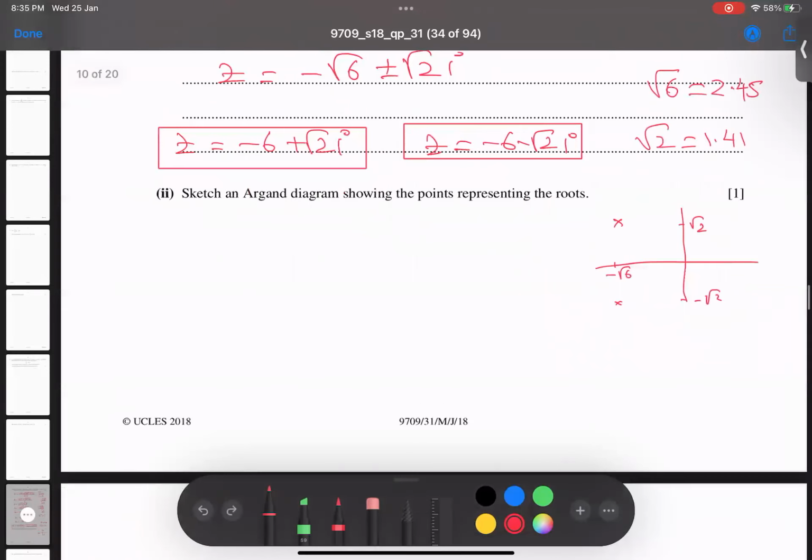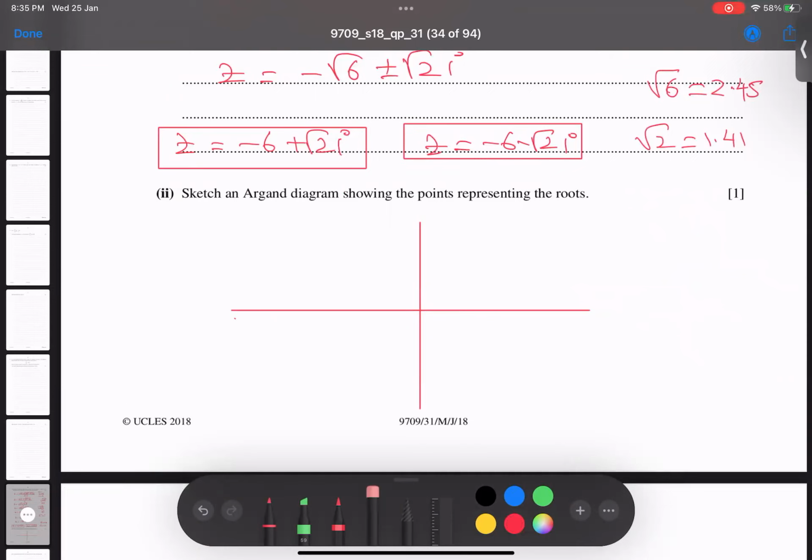Now I can do it completely, and I'm erasing this diagram because I planned it better. Because of 2.45, first of all, look here. This is 1, and this is approximately negative 2, and root 2 is about 1.4.